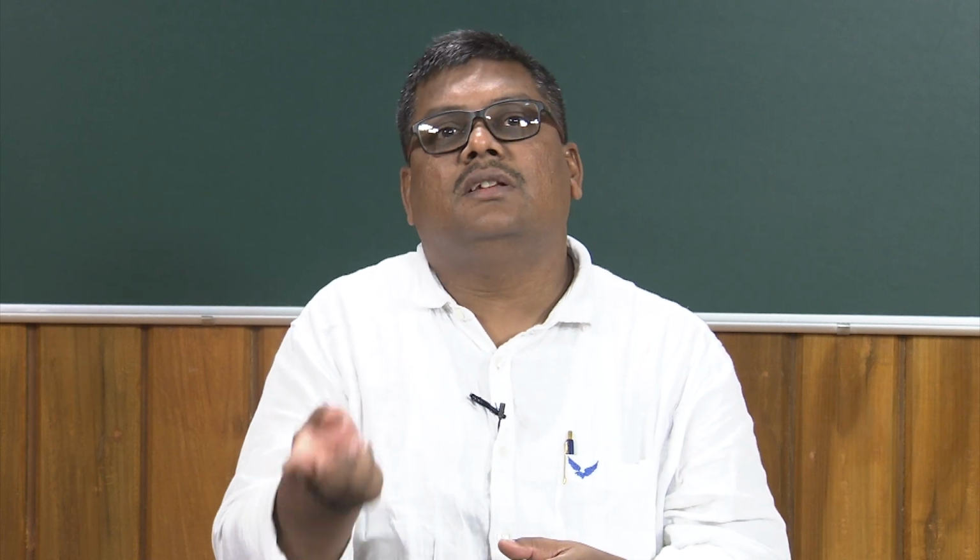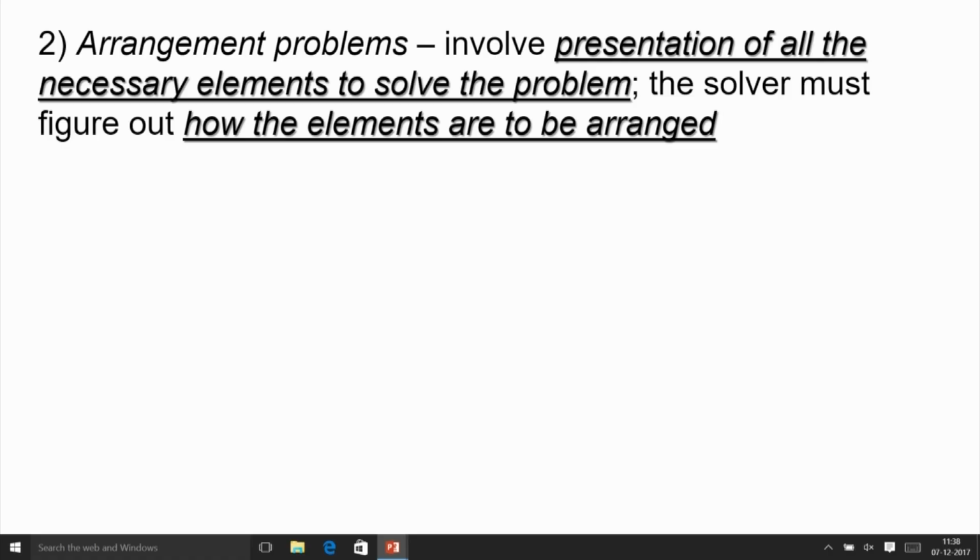You have to transform from the initial state to the goal state using certain rules, by navigating certain hindrances. The second type of problem is called the arrangement problem. These problems present the solver with all the necessary elements which are required for solving the problem.